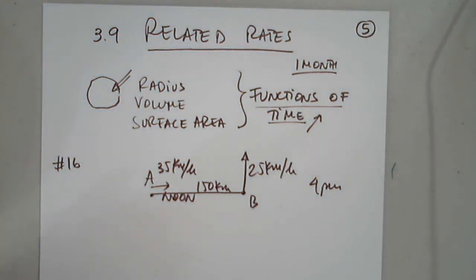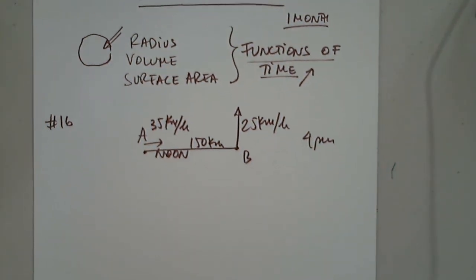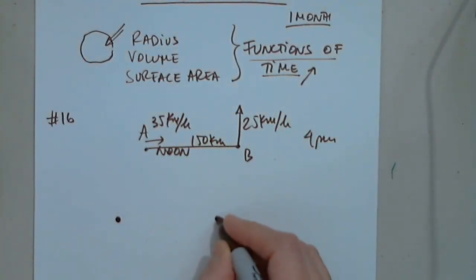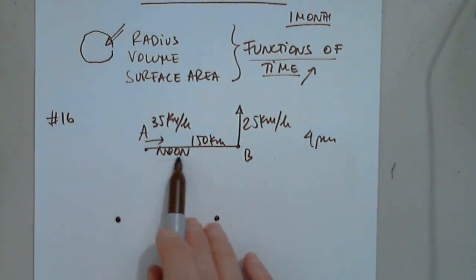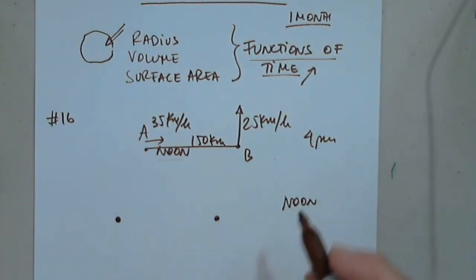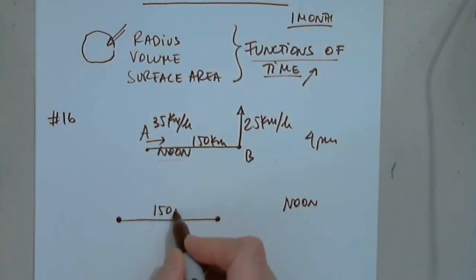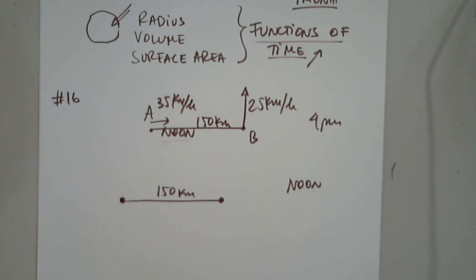So now let's talk about it. We're told that we have these two ships, and that happens at noon. At noon, initially, they are at a distance of 150 kilometers from each other.